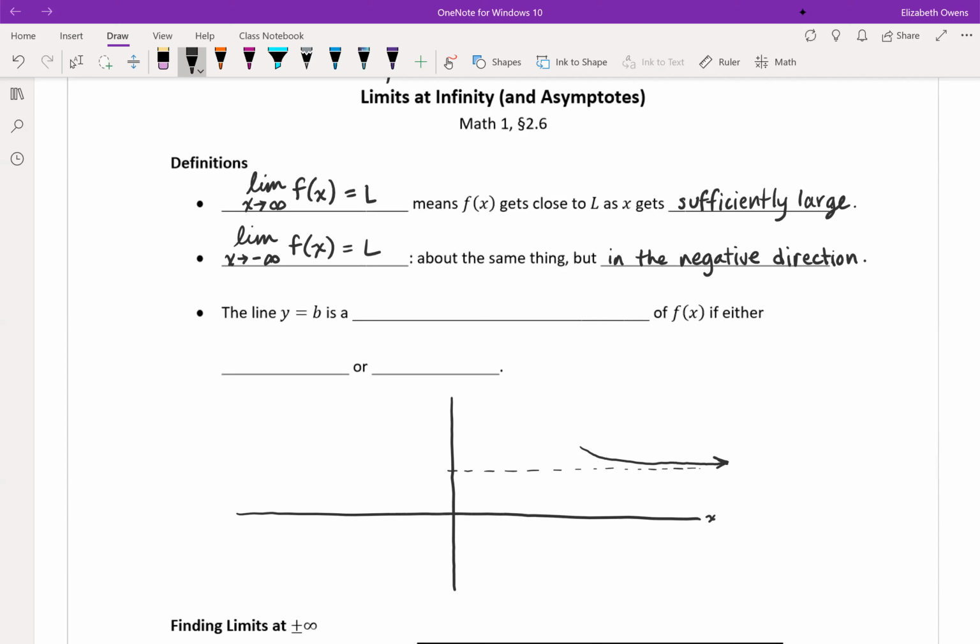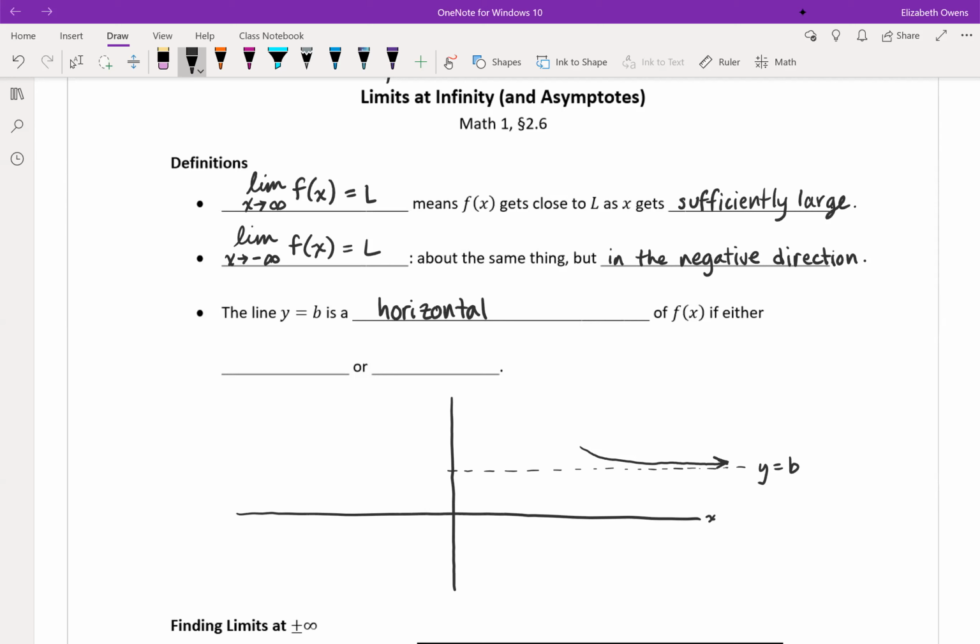Okay, something like this is being approached. Okay, now that dashed line that I just drew in, that is something special. If we say that's the line y equals b, equation of a horizontal line there, that line y equals b is called a horizontal asymptote.